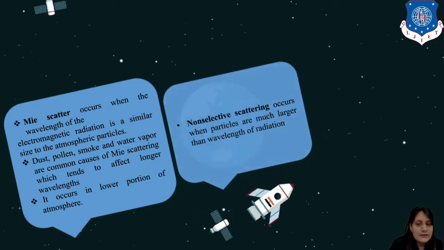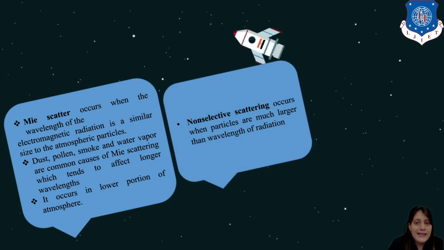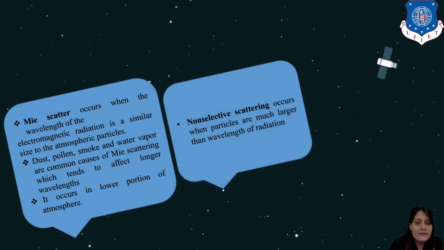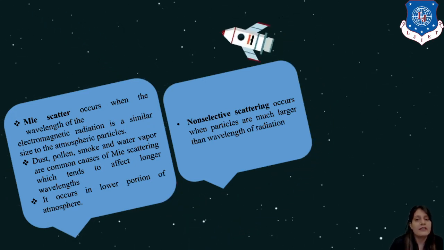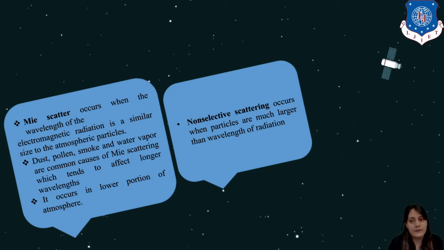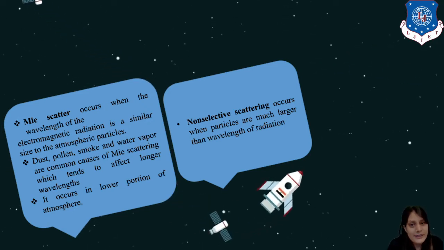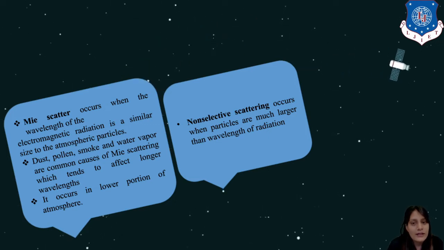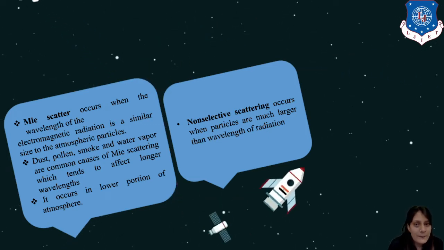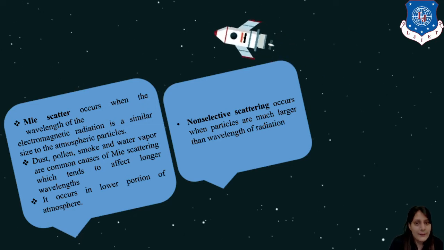We are going to discuss the other one, which is known as non-selective scattering, when particles are much larger than the wavelength of radiation. So now, can you make yourself clear what scattering actually means, or should I give you a brief example and explanation?